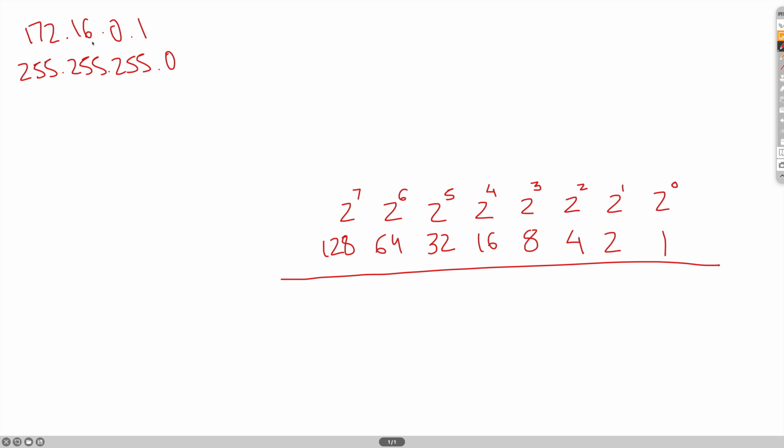We're going to look at each octet in this IP address and map it to this binary conversion chart.